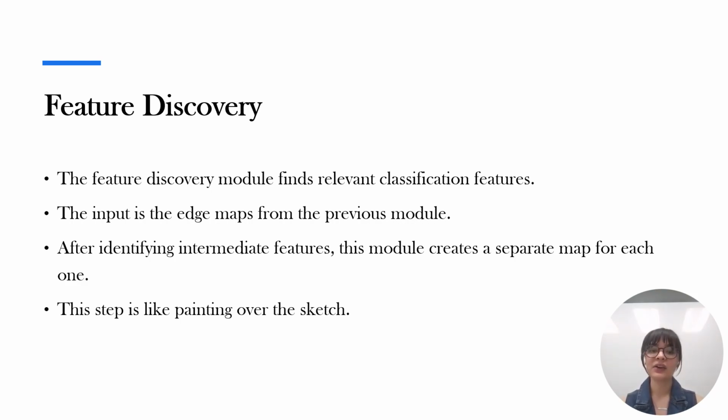It would pass that on to the feature discovery module. The feature discovery module would process the image and determine this is a dog's tail. It would then take the dog's tail and create a separate map, like a focus painting, for just the tail of the dog.